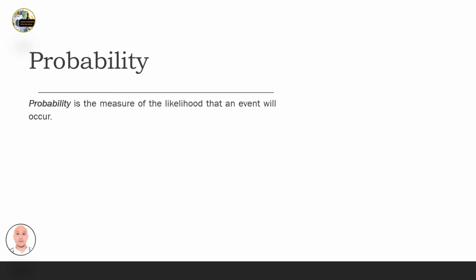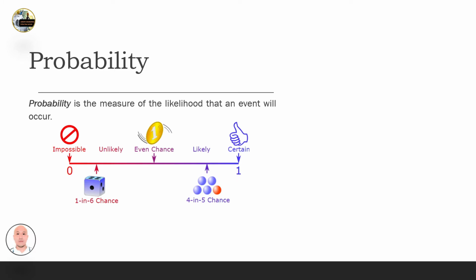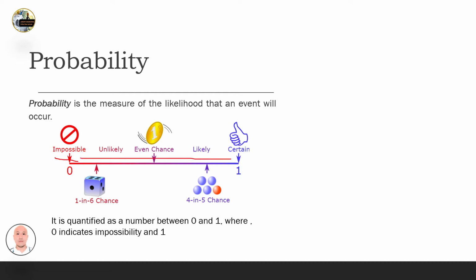By definition, probability is the measure of the likelihood that an event will occur. So from the figure, probability goes from 0, which is impossible, to 1, which is certain.